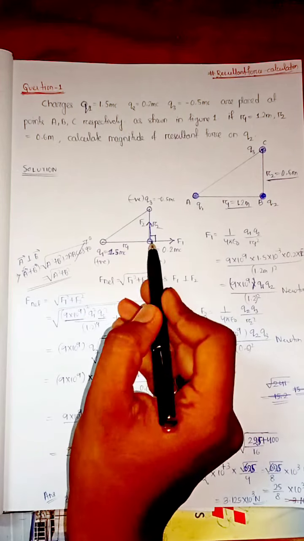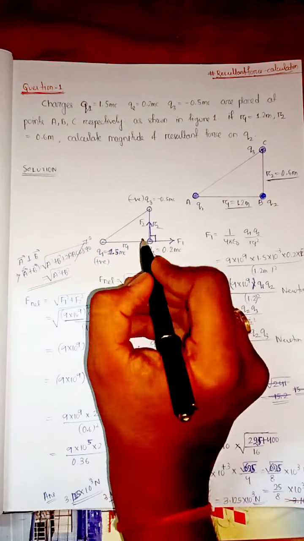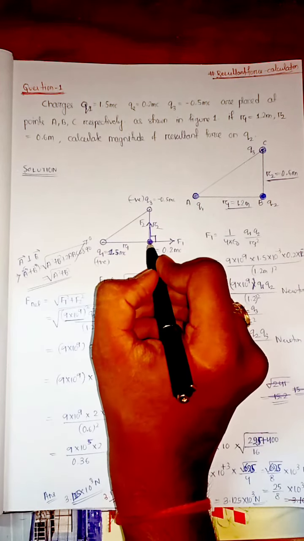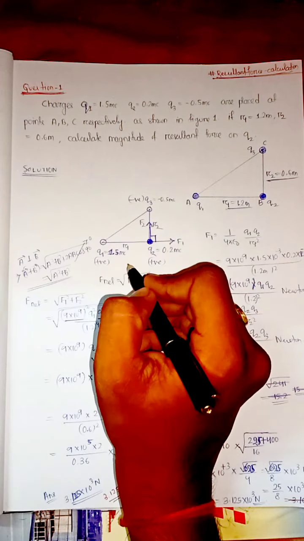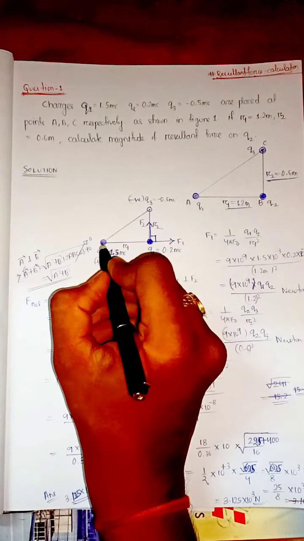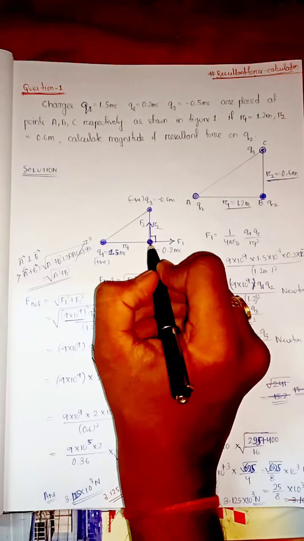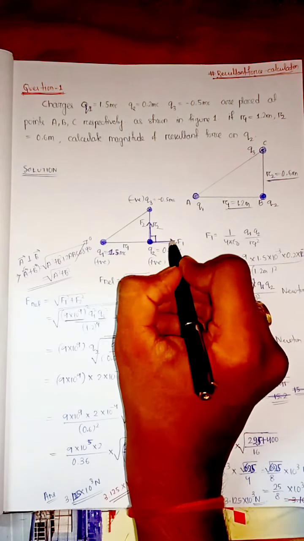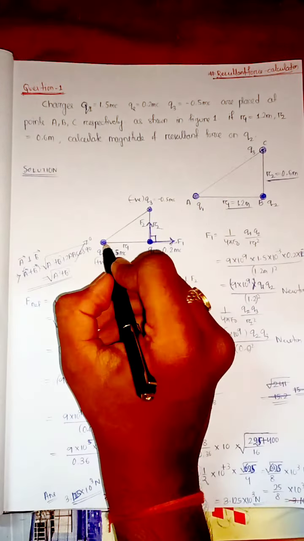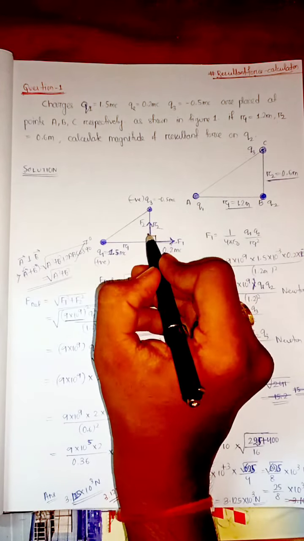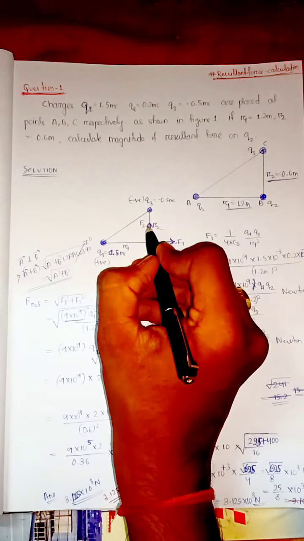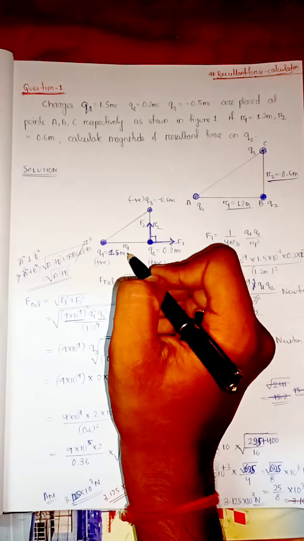So this is a triangle. Here the charge is given at which the net force is to be calculated. This is a positive charge, this is a negative charge. The positive charge will exert a repulsive force on this, let it be F1, and the negative charge will exert an attractive force on this, let it be F2.